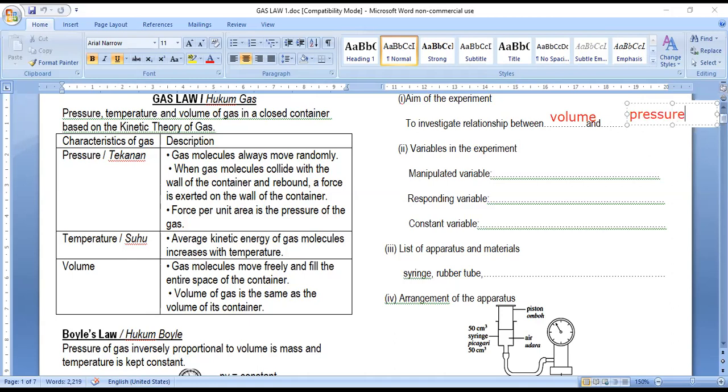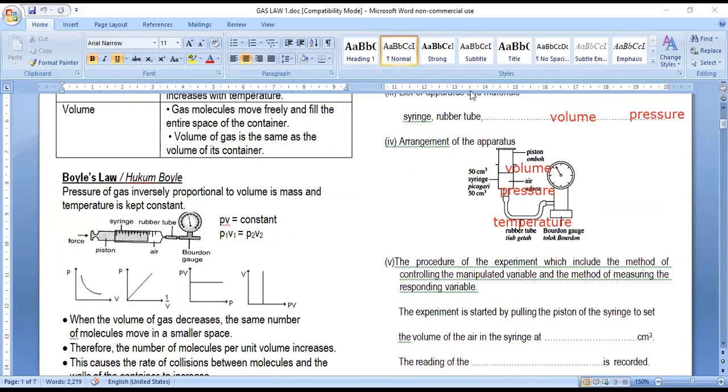The manipulated variable will be volume. The responding variable will be pressure. The constant variable will be the temperature. For the list of apparatus and materials, you can refer to all these apparatus and materials.